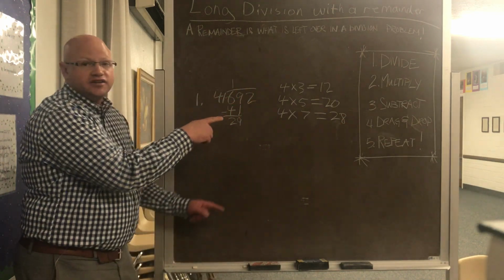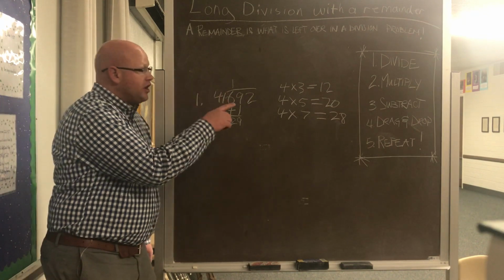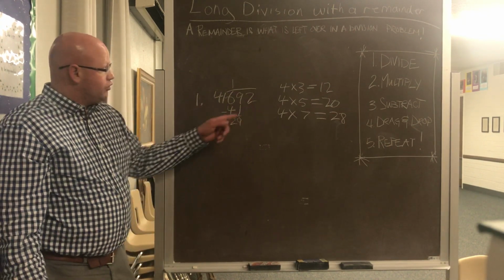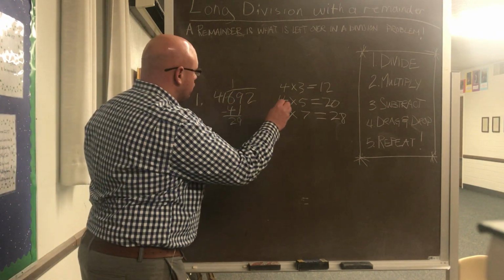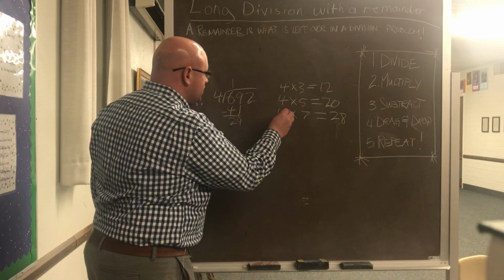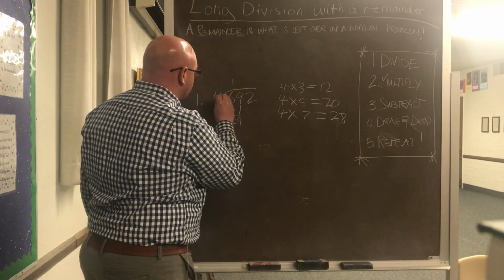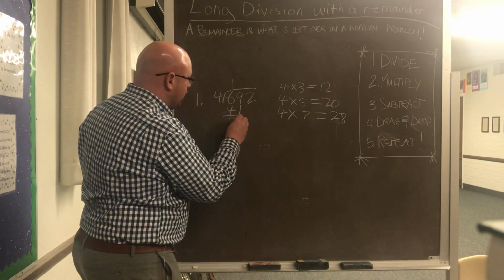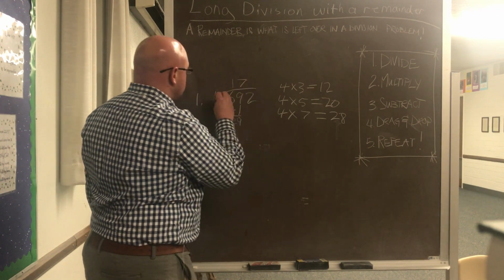So we're definitely going to go with that one because 28 is just 1 less than 29, and it will go into 29. So we're going to divide 4 into 29, and we'll get 7.